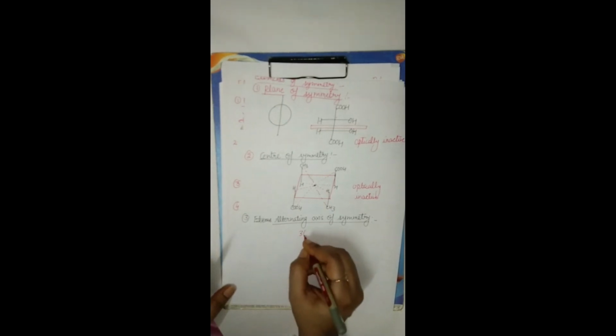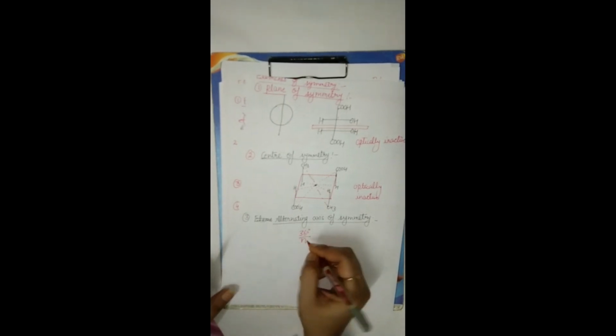What is the alternating axis of symmetry? A molecule is said to possess an n-fold alternating axis of symmetry if rotation through an angle of 360 degrees divided by n about this axis, followed by reflection in a plane perpendicular to the axis, gives a molecule which is indistinguishable from the original molecule.